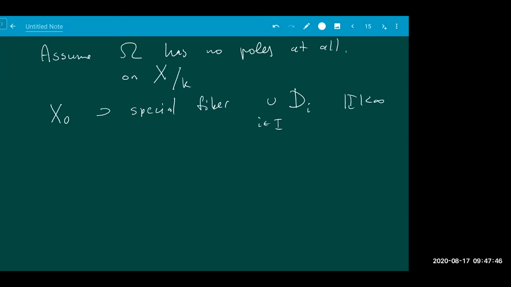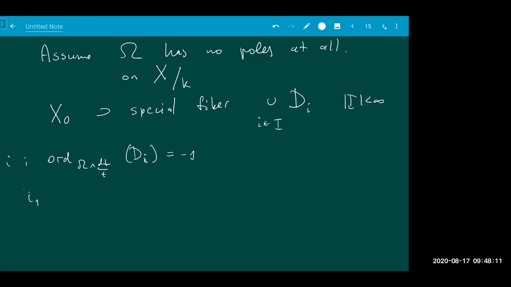And now what we should do is the following. Among these, consider the I such that this is the order of poles of Z1.